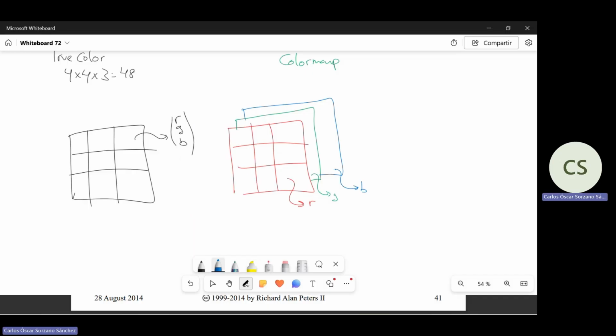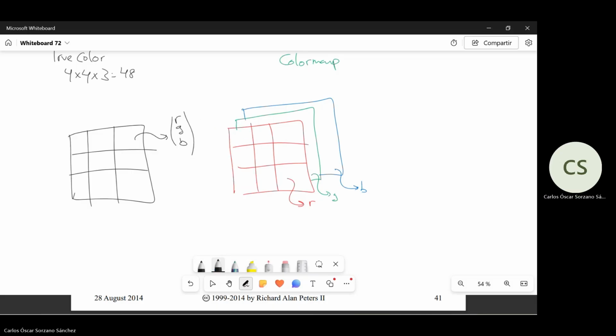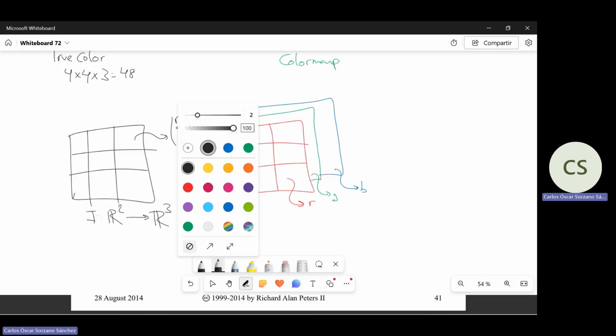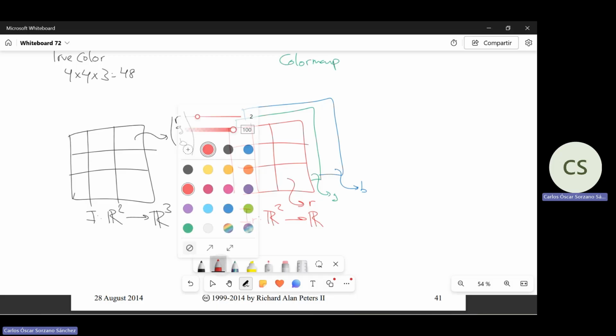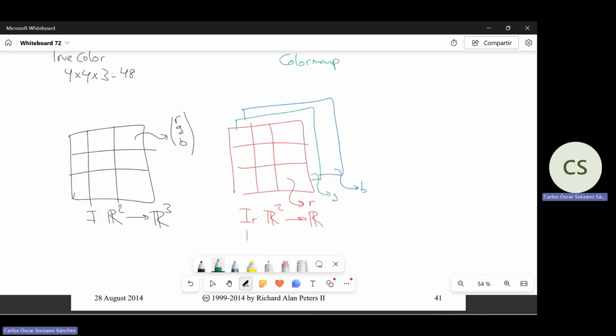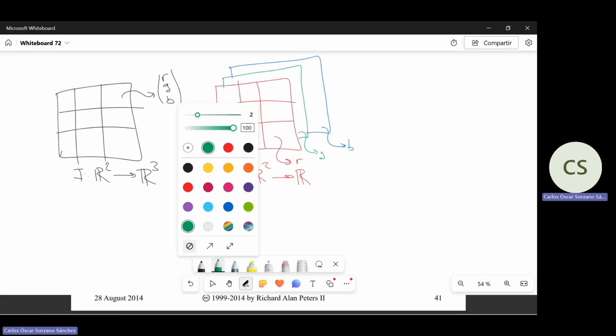So either I have an image that goes, and lazy here, I don't want to say 3 times 3, into a vector, or I have 3 images, where the red one goes from a location to just one column, and the same for the other two. The green one would be exactly the same, and I have the blue one.